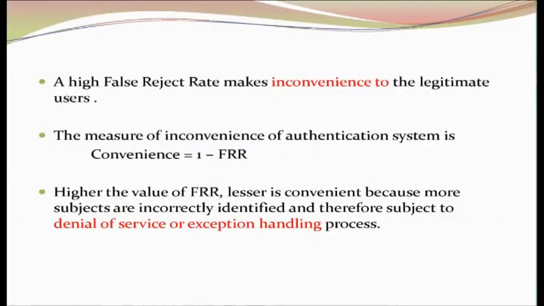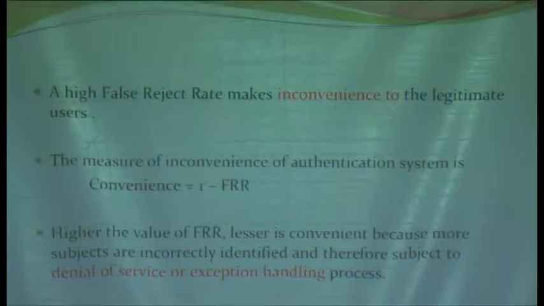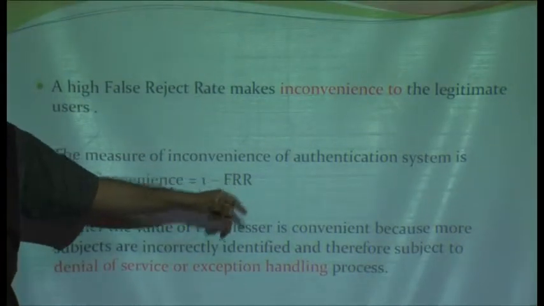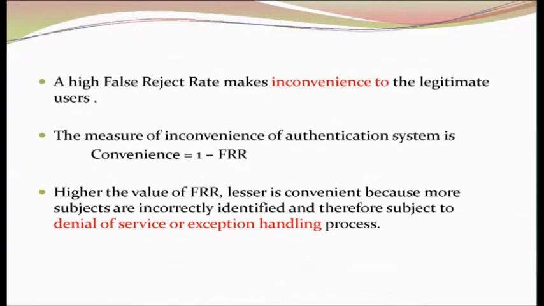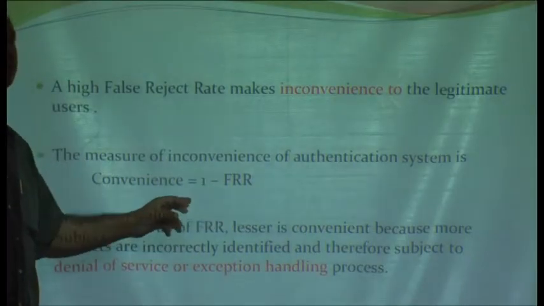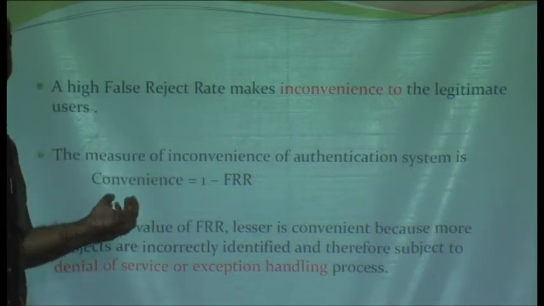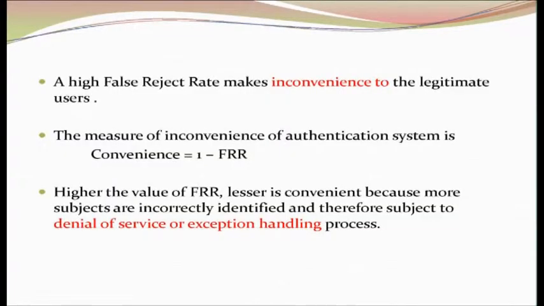So, as I know, a high false rejection rate makes inconvenience to the legitimate users, so convenience is nothing but 1 minus the false rejection rate. If the false rejection rate is high, convenience is 0. If the false rejection is less, friendliness is high, right?